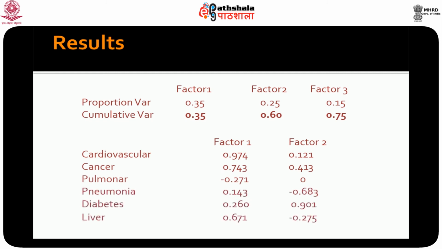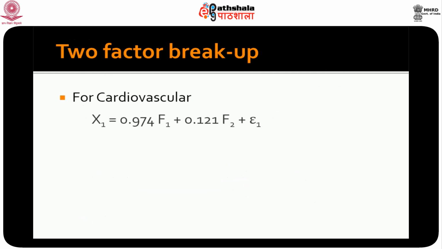The first factor gave us these loadings 0.974, 0.743, minus 0.271, etc. So, these are the coefficients in the combination of the factors. So, for the cardiovascular variable, call it x1, the model would be, if this is a centered model in the sense that we have taken out the mean, 0.974 into f1 plus 0.121 into f2.